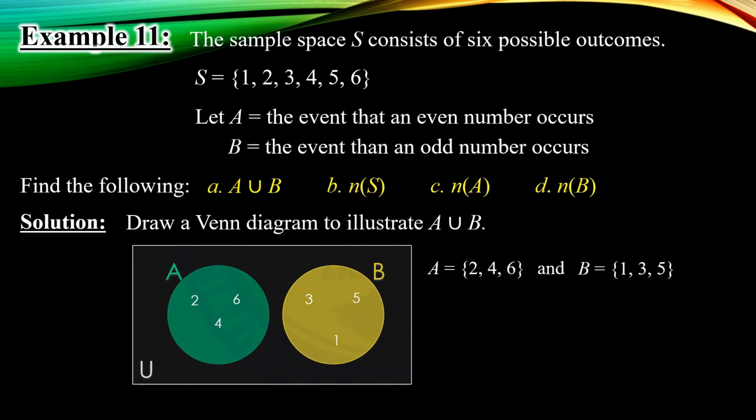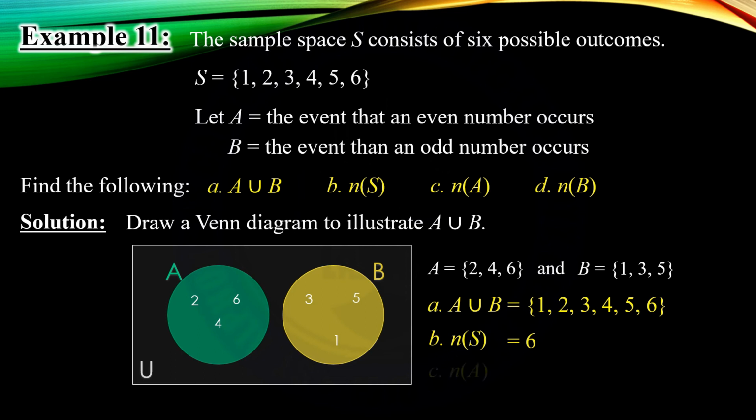Next is to identify the elements of A union B based on the Venn diagram, and they are 1, 2, 3, 4, 5, and 6 because they are all the elements of set A and set B. The cardinality of the sample space is equal to 6 because there are 6 possible outcomes as stated.